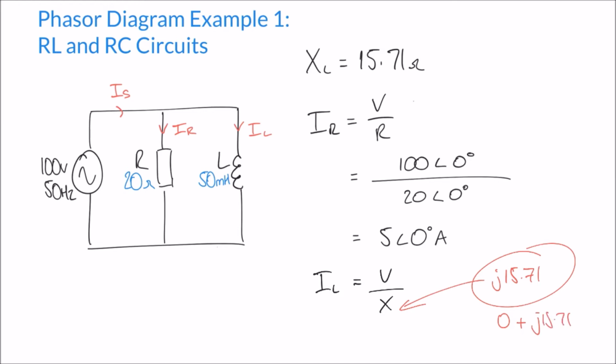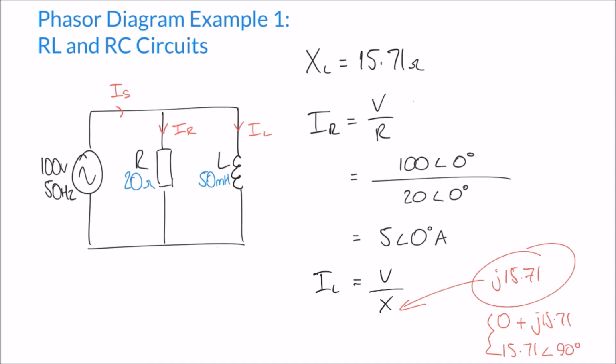Now, if we calculate that in polar form, that's the same as saying 15.71 at an angle of 90 degrees, because we only have the vertical component in our impedance triangle. We don't have any horizontal component, and so these two are equivalent, as it were.